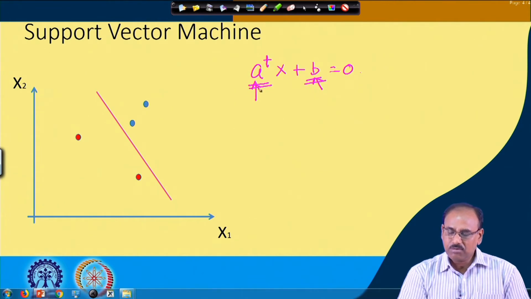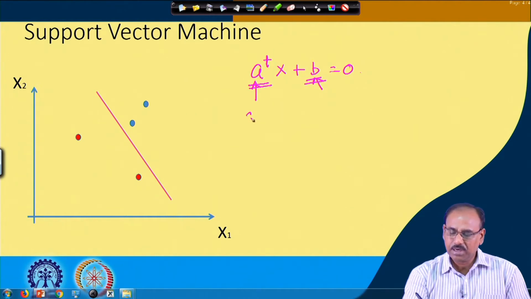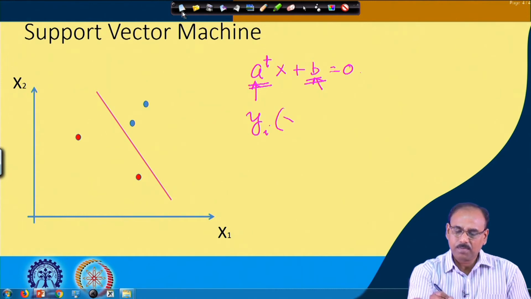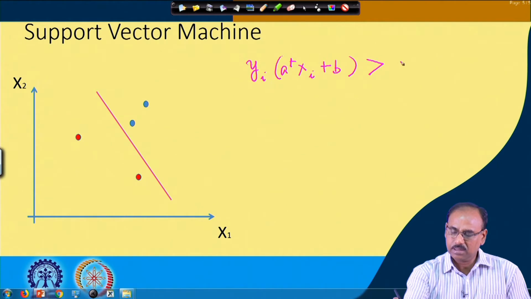So, for different values of A and b, I can obtain different separating planes, and many of those separating planes will satisfy the same condition, that is y I into (A transpose x I plus b) to be greater than 0.